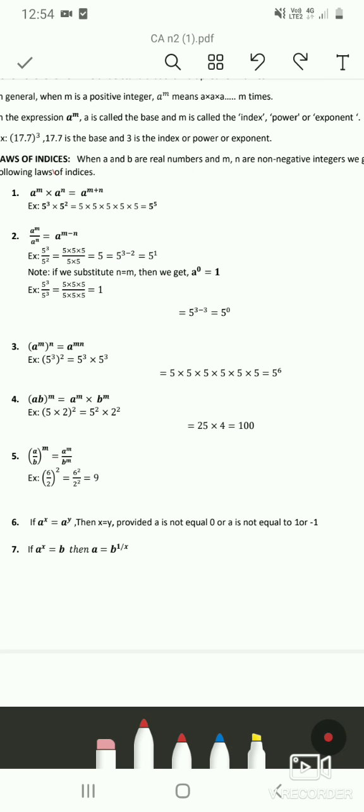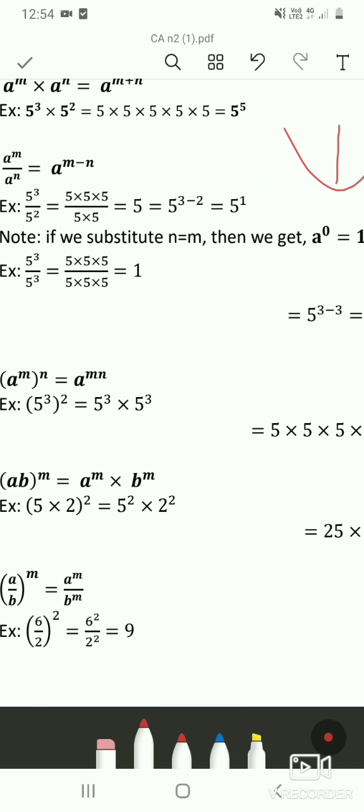Now let's look at a note. In this law, if m and n are equal, then we get a power 0 equal to 1. This is the general form. Let's consider the same example, 5 cube divided by 5 cube, that is m and n are 3.